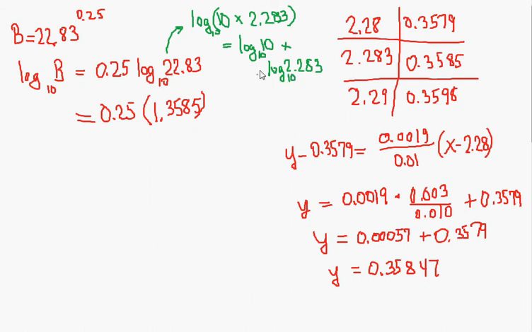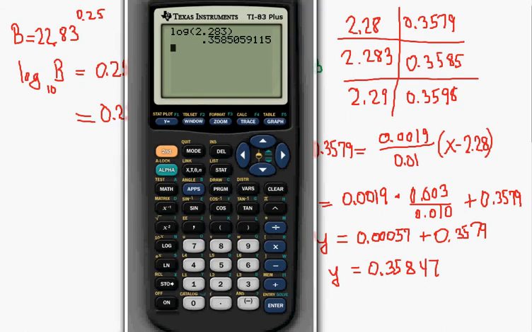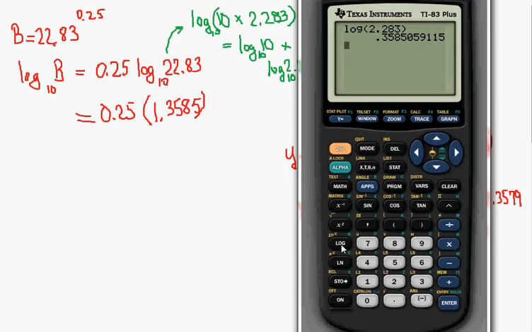So logarithm of 10 is 1, logarithm of 2.283 we just got done figuring out, so 1.3585. And let's make sure I actually got the right answer. If I take the logarithm of 22.83, not surprisingly, I get 1.3585. Here I had 0.3585.